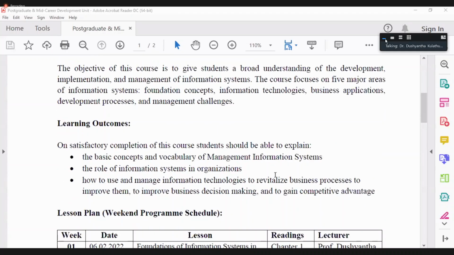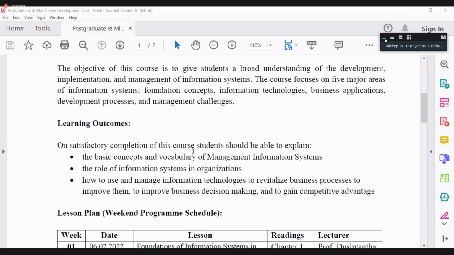Then there are 3 learning outcomes which we want to achieve at the end of this particular course. And so at the end of the course, students should be able to explain the basic concepts and vocabulary of management information systems, the role of information systems in organizations, how to use and manage information technologies to revitalize business processes, to improve them, to improve decision making, and to gain competitive advantage.